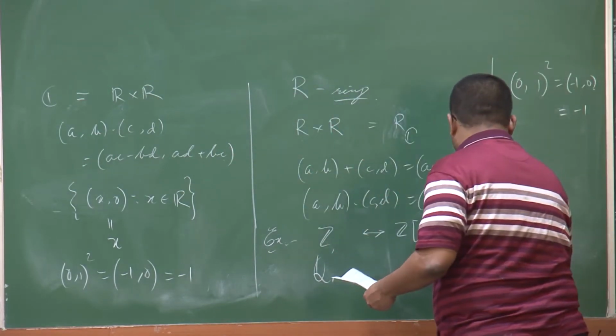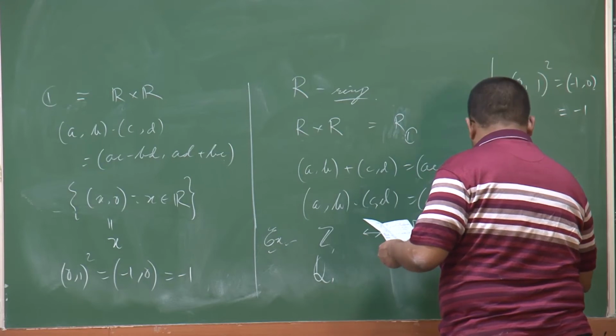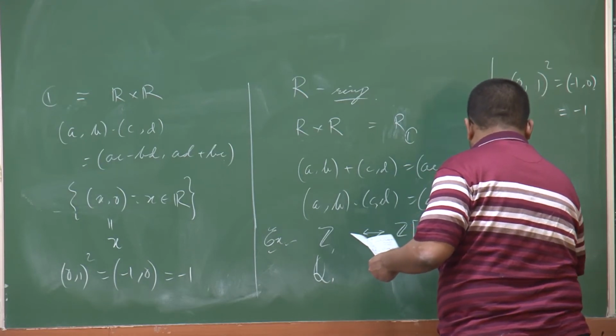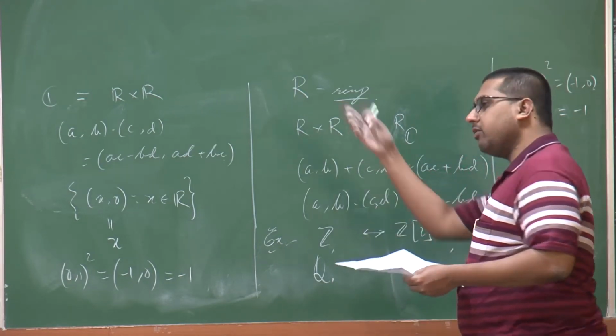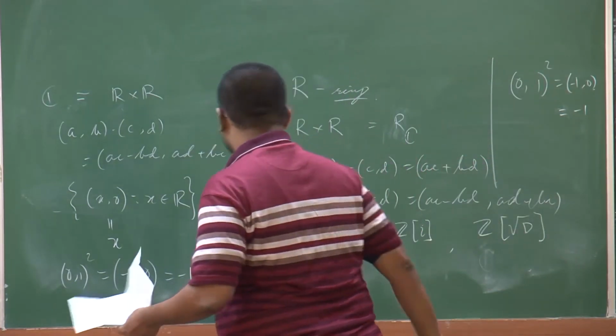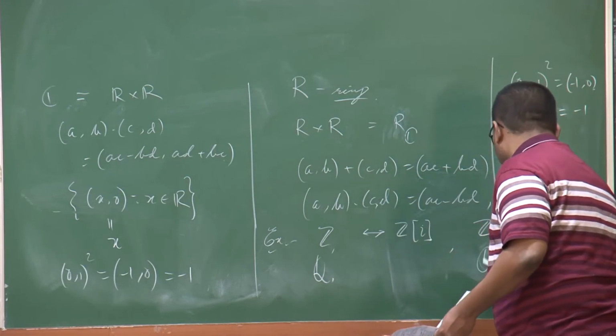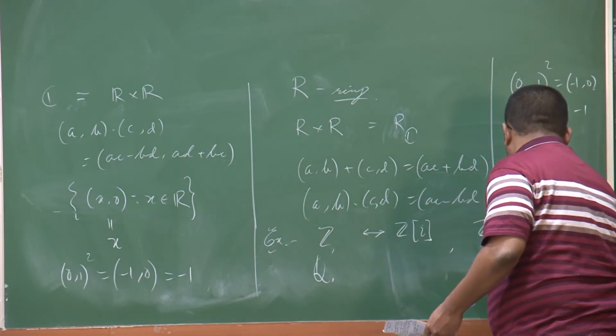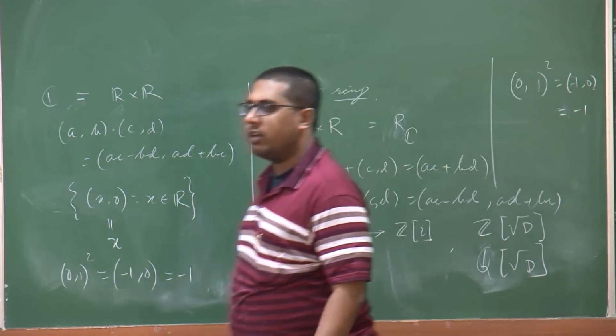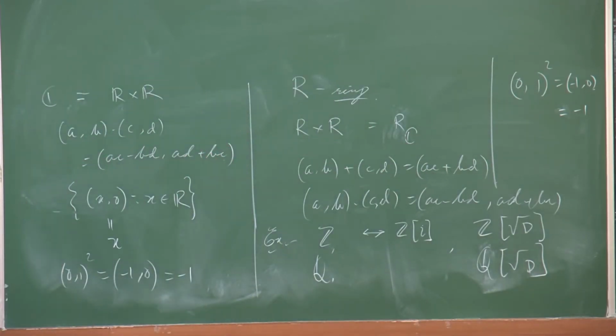Then also you should do it for Z[√d], where d is a square-free integer. Basically, the rings that we have seen in the previous lecture, you can simply consider their complexifications, and then try to see whether after complexifying, you can recognize these new rings as exactly similar to some ring which is already familiar to you.